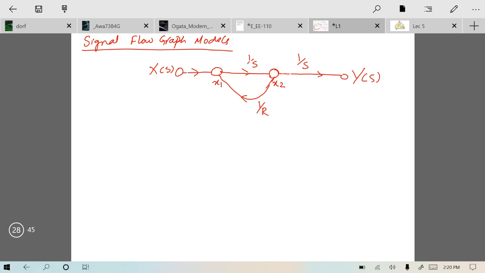As I told you earlier in my lectures, all these techniques enable us to look into the system properties. There are a few things that a block diagram enables you to learn about the system, while there are other things that a signal flow graph enables you to look into. Some calculations would be made easy if you are dealing with your system in a signal flow graph model, and some would be easy if you are dealing with your system in Laplace, in a block diagram model, or in state space variables.